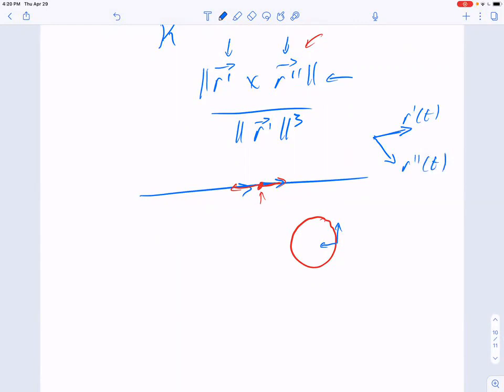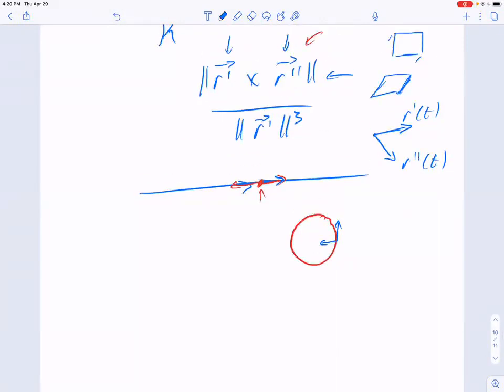Well, if you have a parallelepiped that's very angular like this, this is going to have a smaller area than if it's a square. Area is going to be maximized if this is a square or a rectangle. And what does it mean? A rectangle really means that the velocity and the acceleration are pointing in perpendicular directions. Okay, so that's going to maximize this expression up here, thereby max curvature.